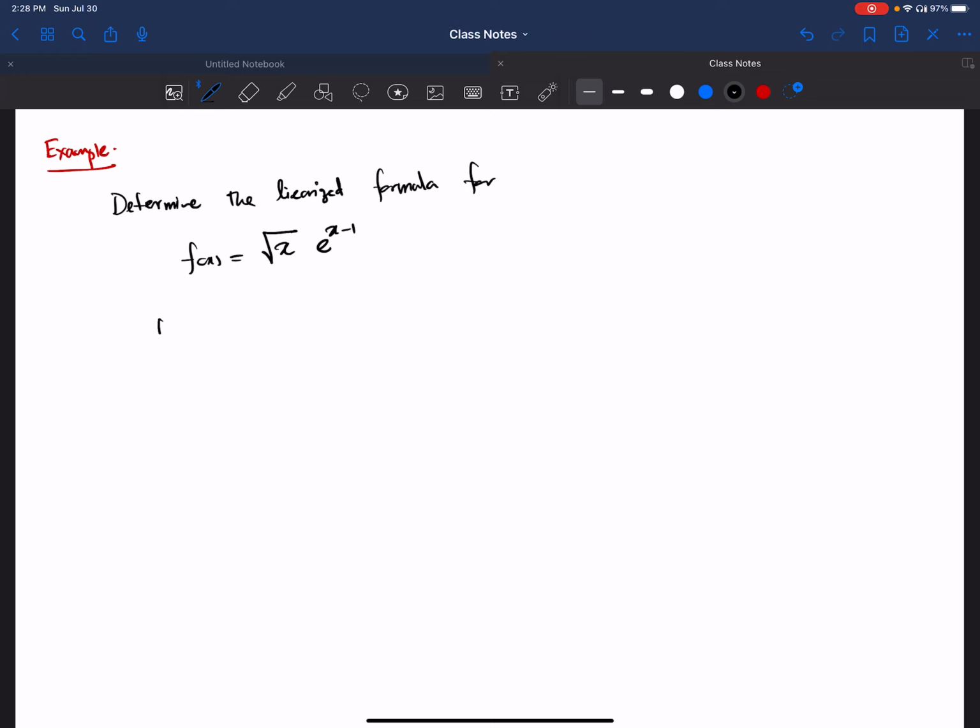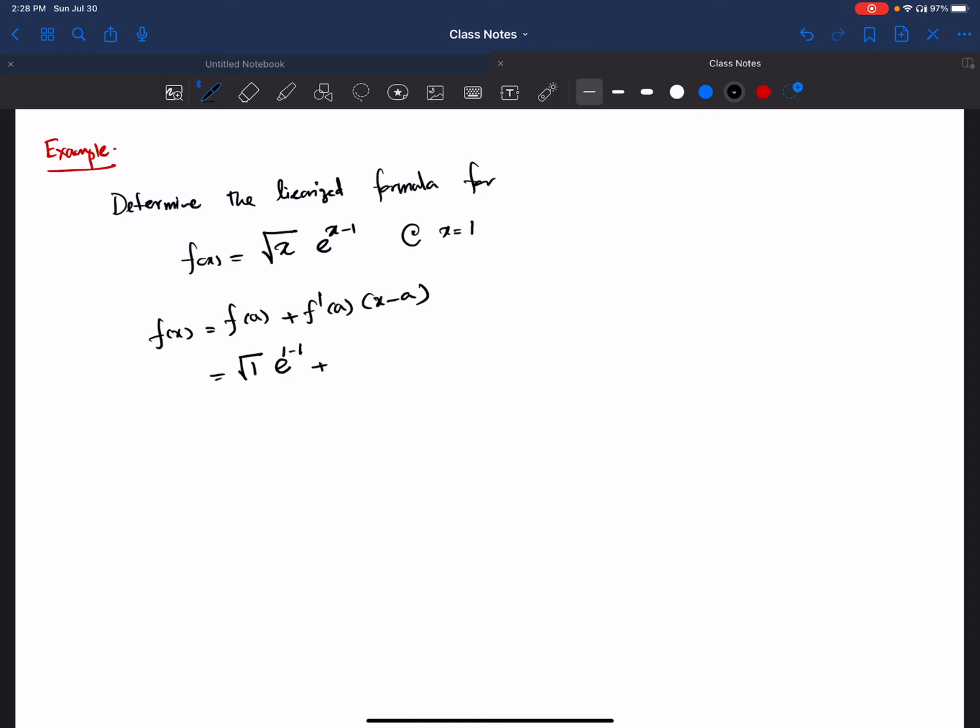Now f of x, the linearized form, is equal to f of a at x equal 1, plus f prime of a times (x minus a). So f of a is equal to square root of 1 times e to the power 1 minus 1, plus f prime of a.